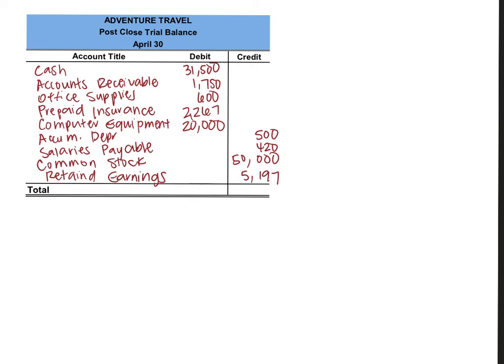My last thing that I'm going to do is total up both columns to make sure that both are equal. And if I total my credits, I should get 56,117, and I should get the same total again, 56,117. If both of these numbers match, hopefully I've got everything correct and my accounting cycle is 100% complete.